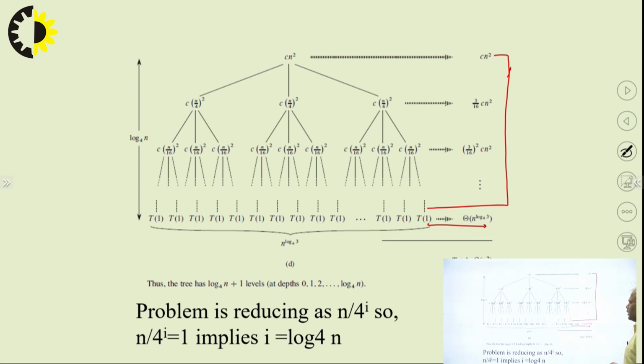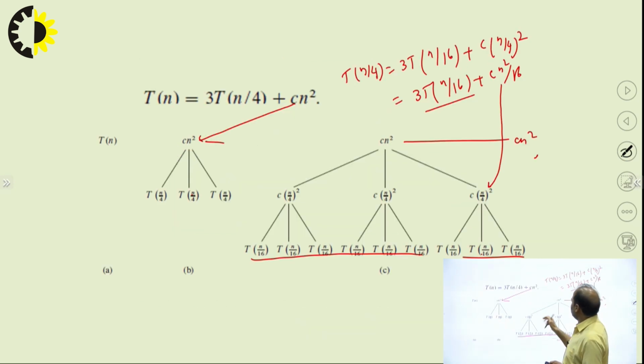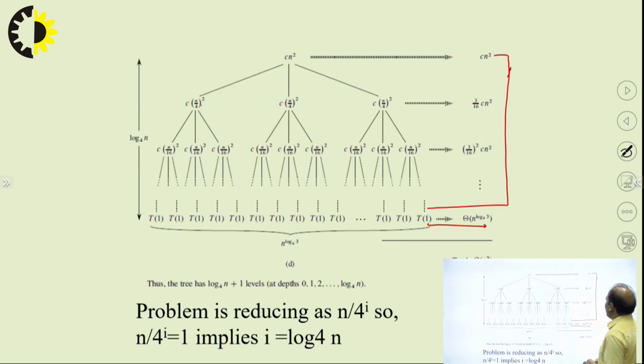In a recursion tree example, you need to know two things. First, how the problem is reducing. The problem is always reducing in this form, n by 4. First it was n by 4, and then the problem becomes n by 4 square. So at the ith level, the problem is reducing in the form of n by 4 to the power i.